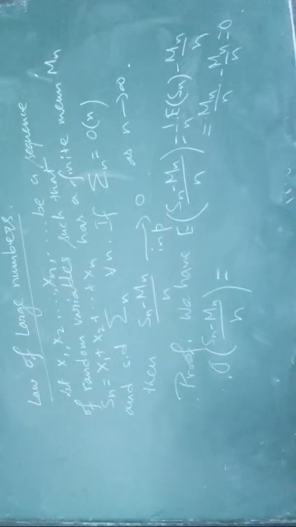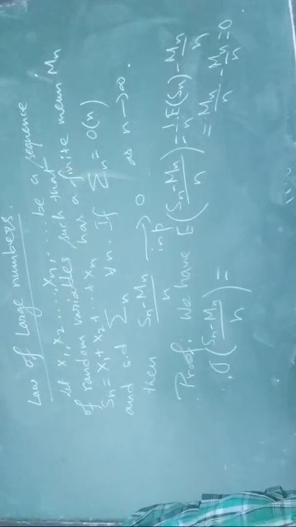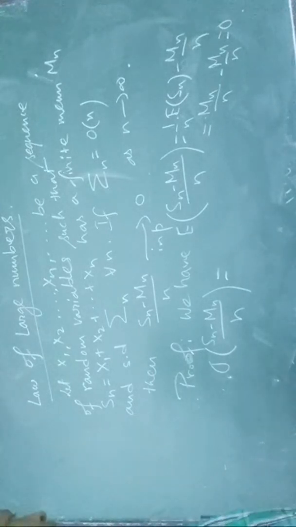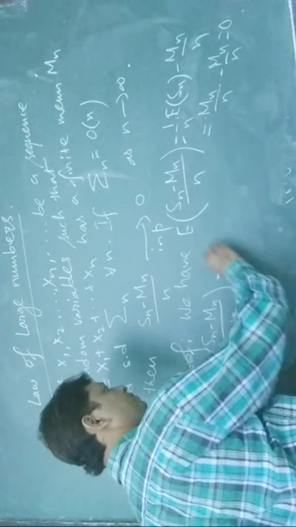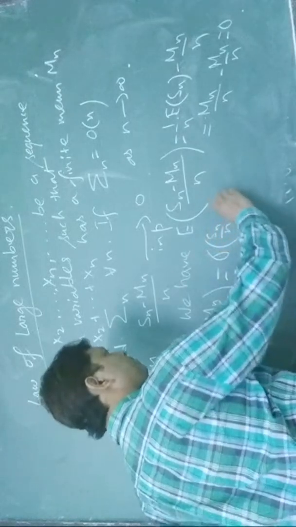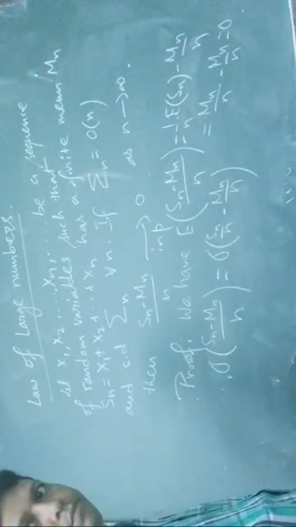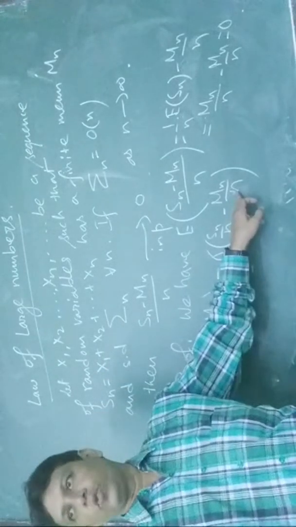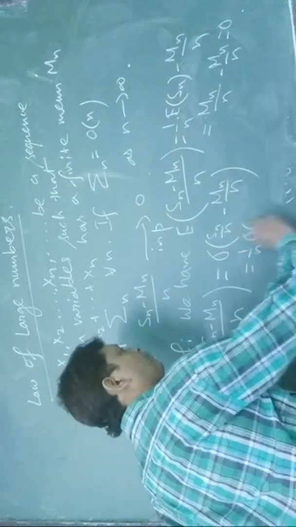So the standard deviation of this part is 0. Only this part: 1 by n sigma Sn.